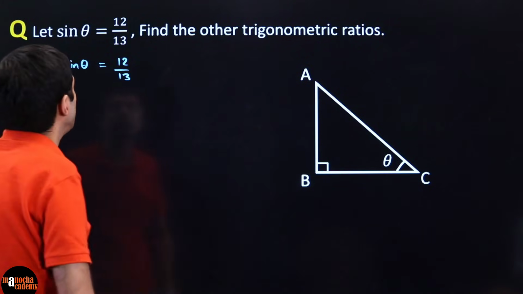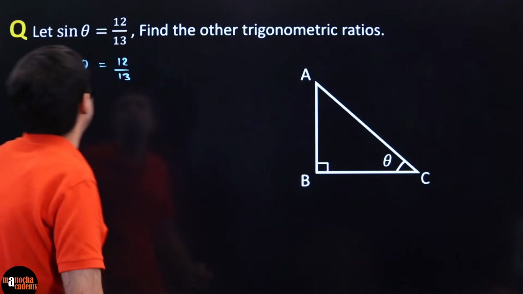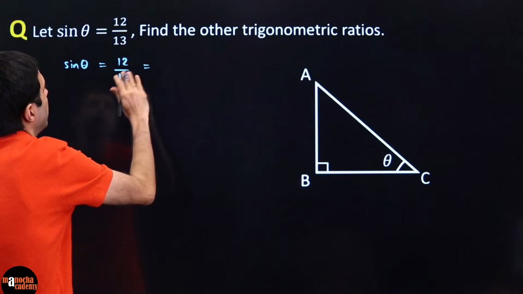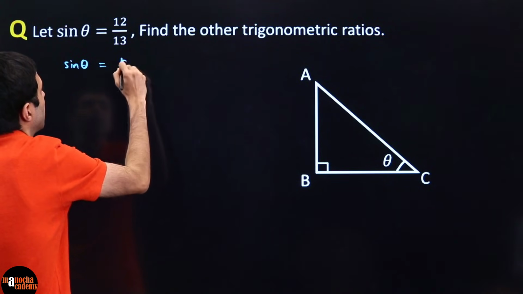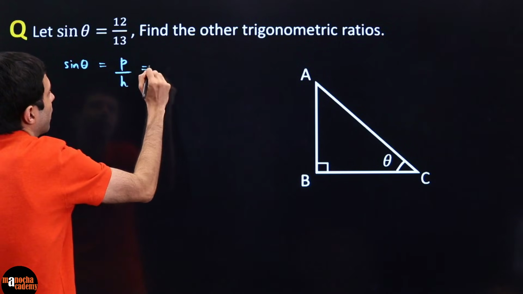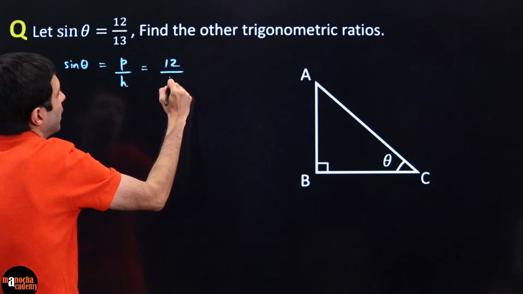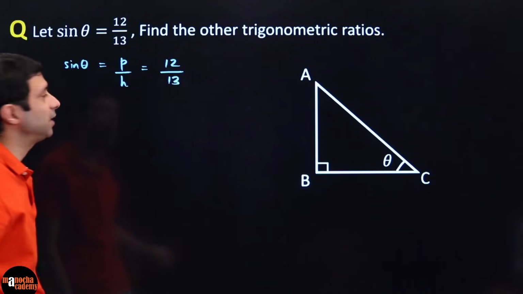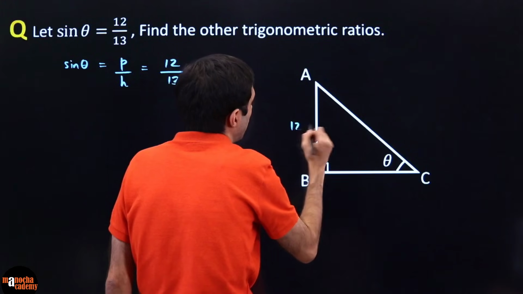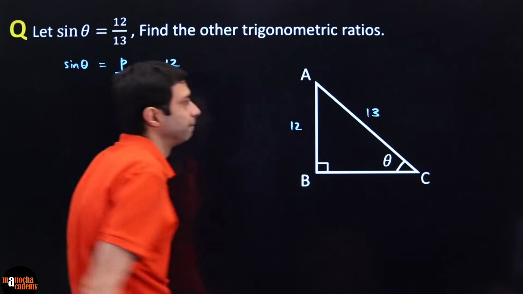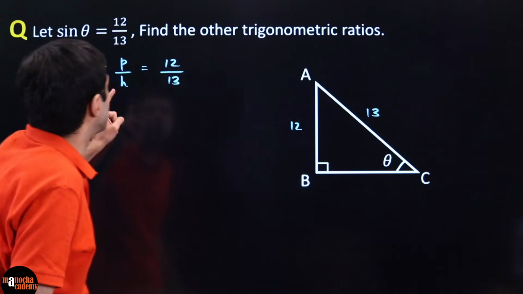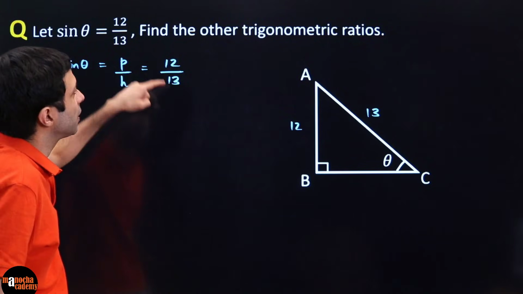Sine theta by definition is perpendicular by hypotenuse of a right angle triangle, and that is 12 by 13. So can I say that my perpendicular is 12 and my hypotenuse is 13? Is this correct?